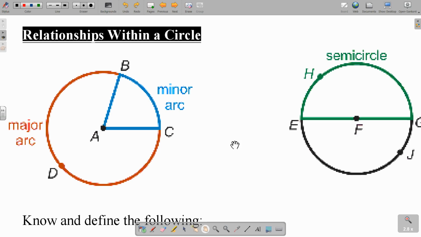Here's some more vocabulary. An angle that is connected to the center is called a central angle. So angle BAC is a central angle because it is connected to the center.